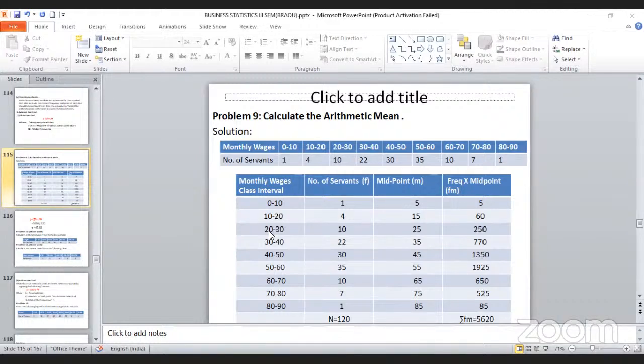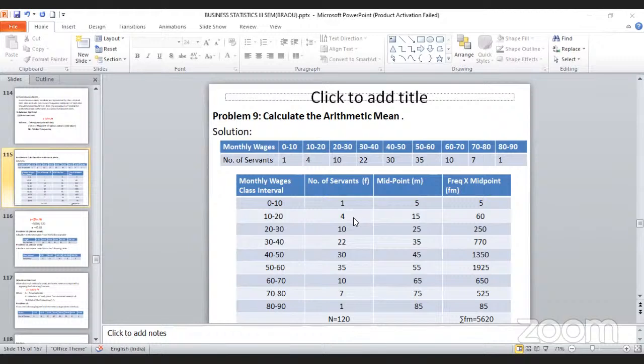Are you finding the difference? Yes, ma'am. See here, even in the midpoint, 5 to 15, how much difference? 10.